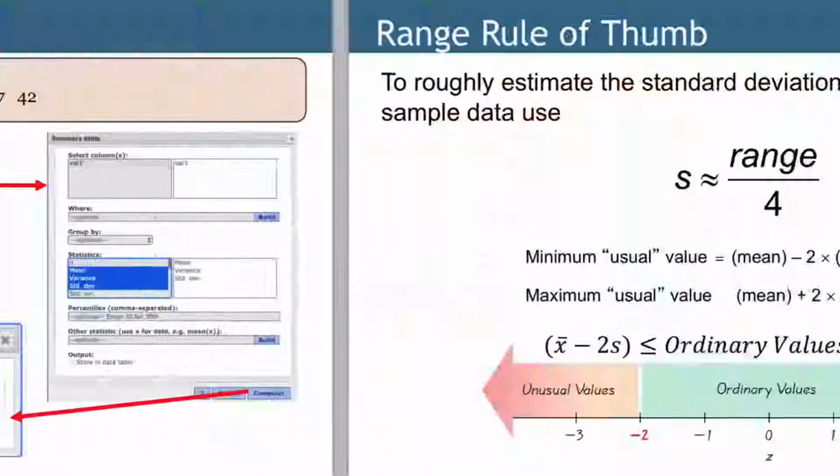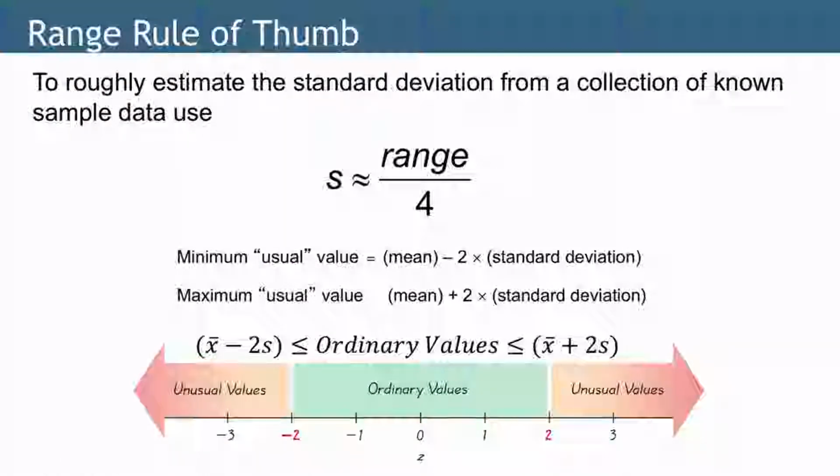Use StatCrunch. Okay. Now, the next thing is the range rule of thumb. This is pretty powerful and helpful. So first of all, if you don't know the standard deviation, it's approximately the range divided by 4. And this is the idea. Think of this as being the middle. The mean is 0 away from the mean, because it's itself.